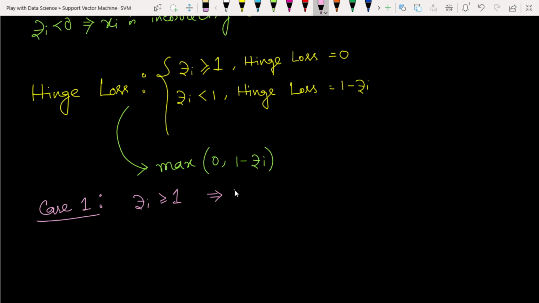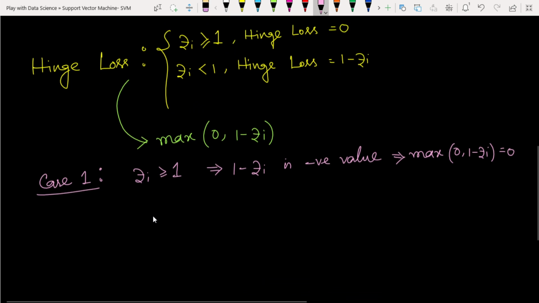This value will be negative. Since we are considering the maximum among 0 and 1 minus Zi, 0 is the maximum. So in this case, the maximum of 0 and 1 minus Zi is equal to 0.